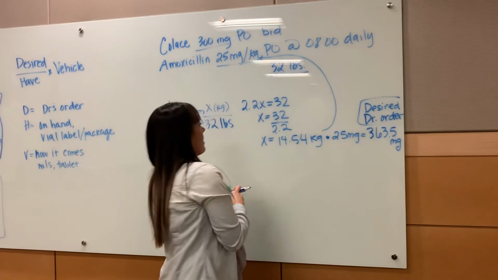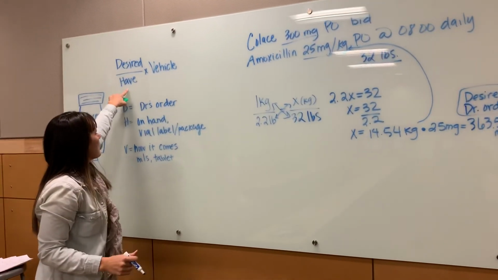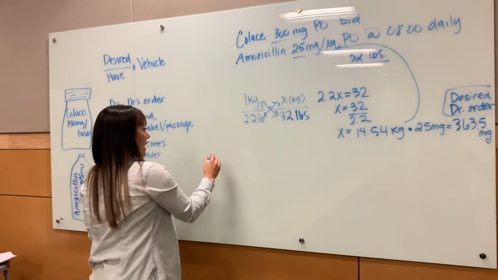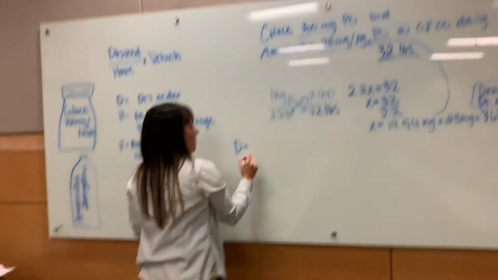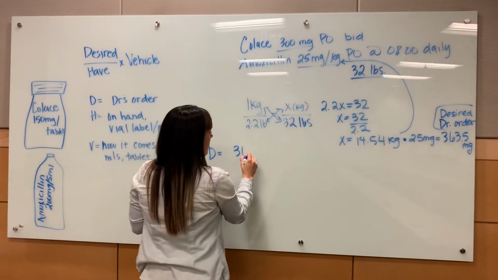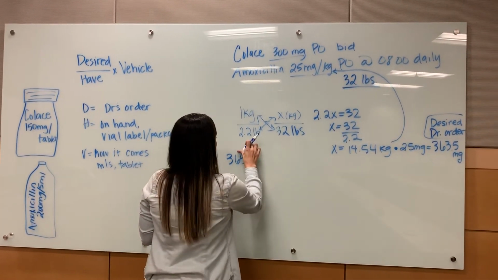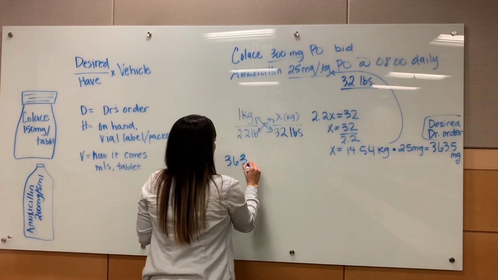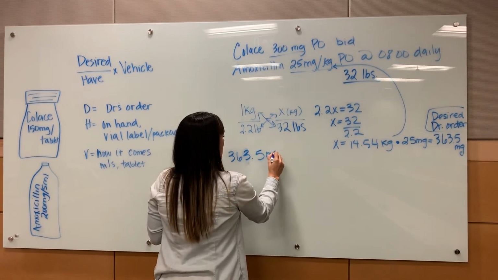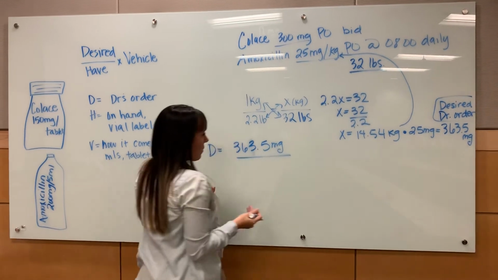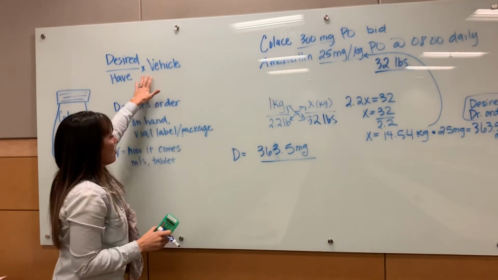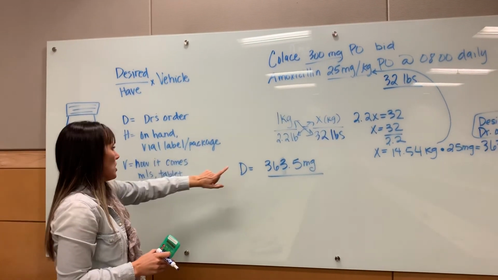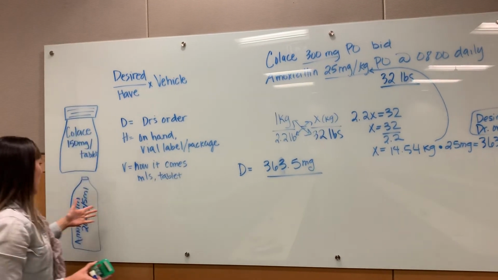So this number is going to pop into our desired over have times vehicle. D equals 363.5 milligrams. Now we're ready to do the desired over have times vehicle calculation. So what's our have? We go back over to the bottle.